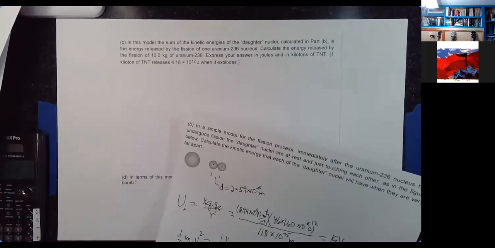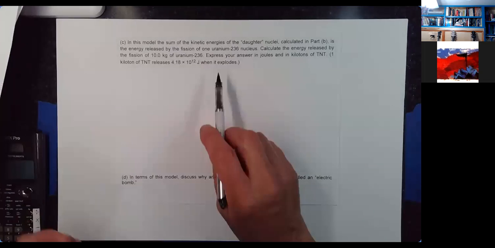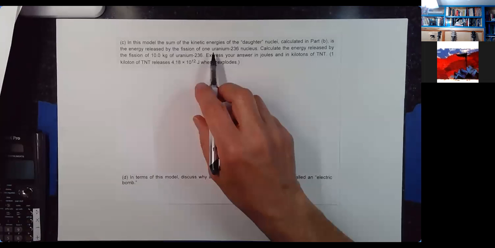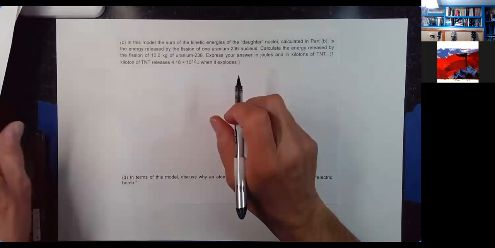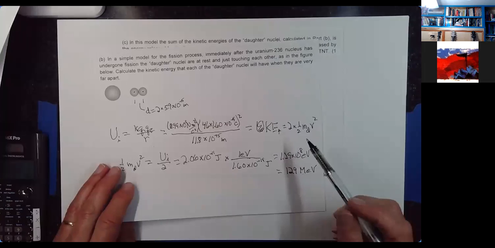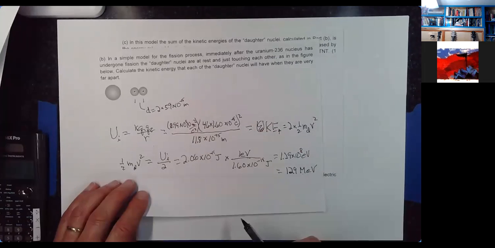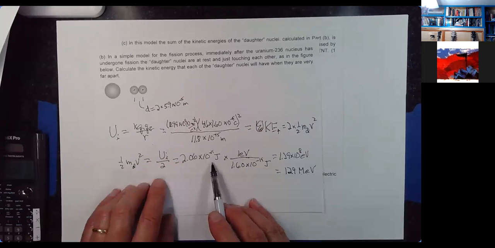Now, the next part asks us to, in this model, the sum of the kinetic energies of the daughter nuclei is the energy released by the fission of one of those. So actually, this asked the kinetic energy for each of the daughter. We would want, wherever it went.